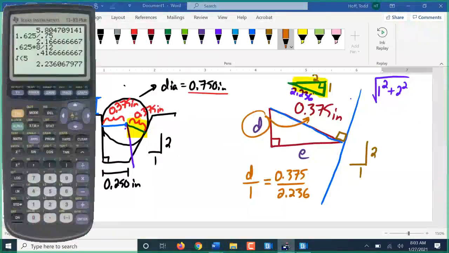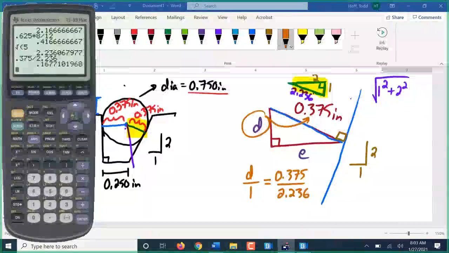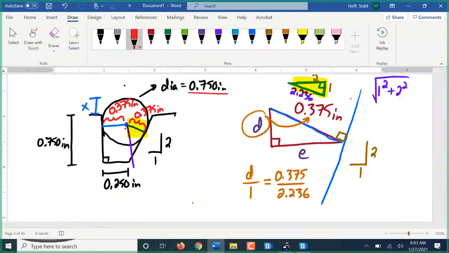Cross multiply and divide here: all this is 1 times 0.375 divided by 6. 0.1677 is D.